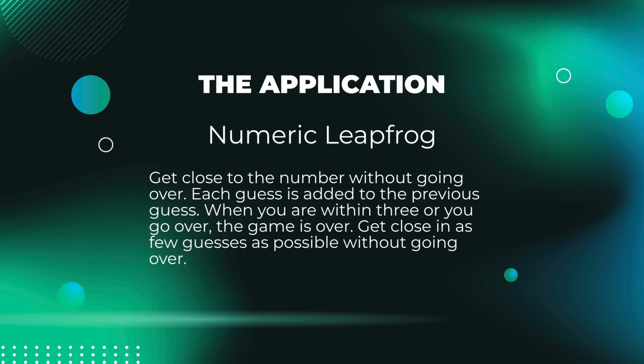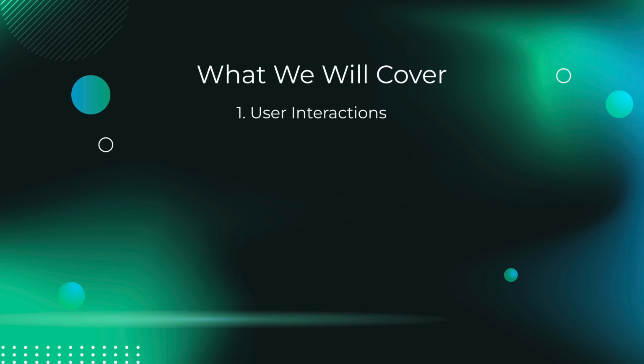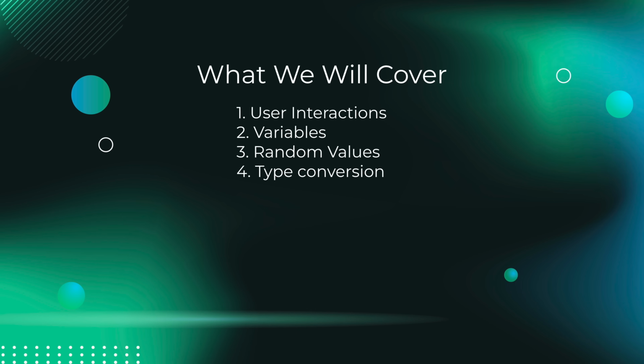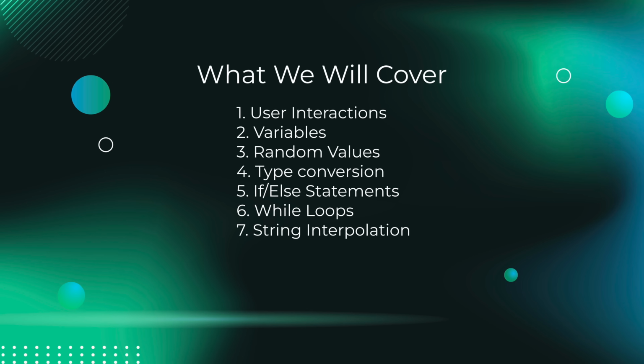So let's talk about what fundamental skills we are going to actually work on. Well, first of all, user interaction. How do you talk to the user? How do you get information back from the user? And so on. Then we're going to deal with variables, random values, type conversion, if-else statements, while loops, string interpolation, raw string literals, do-while loops.